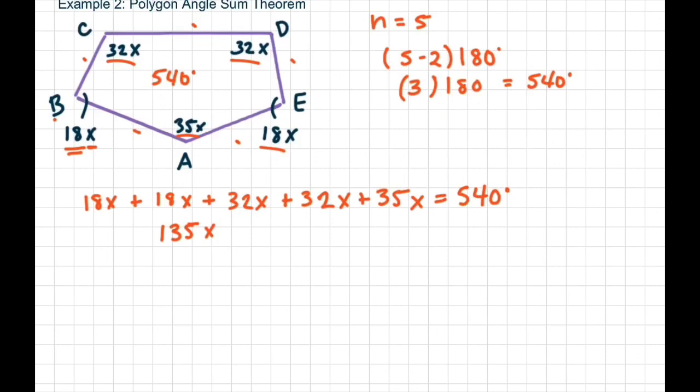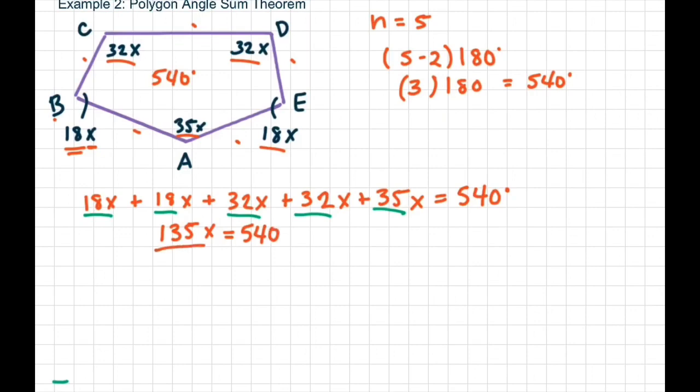So just to recap one more time, I have 18 plus 18 plus 32 plus 32 plus 35, and that equals 135. So then I can set that equal to 540. And then I just use algebra.